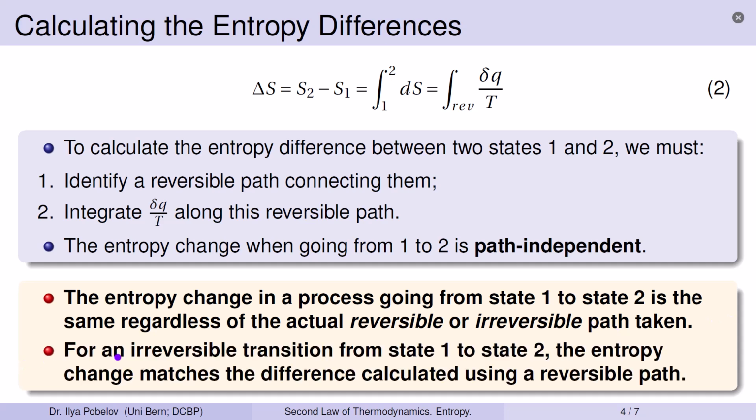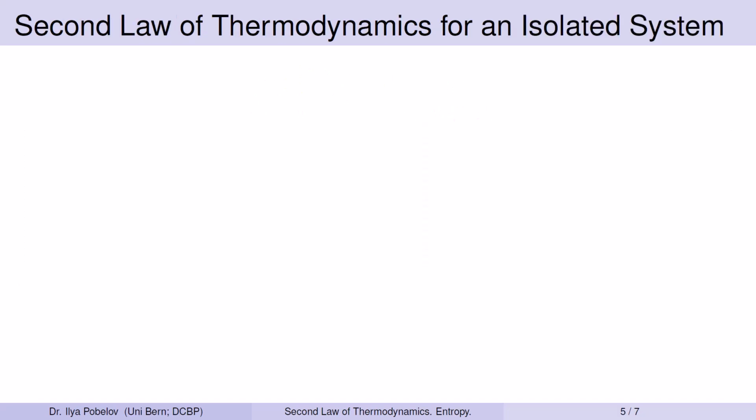Thus, even for an irreversible transition from state 1 to state 2, the entropy change matches the difference calculated using a reversible path.